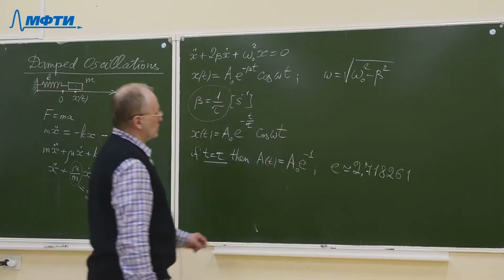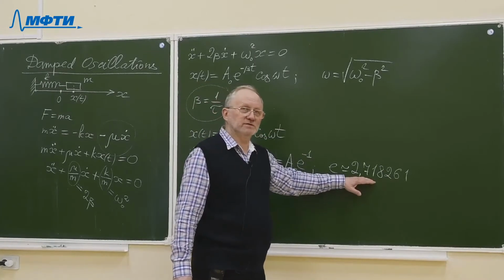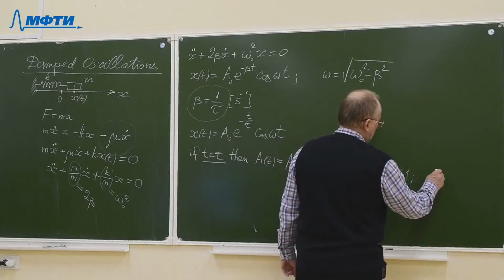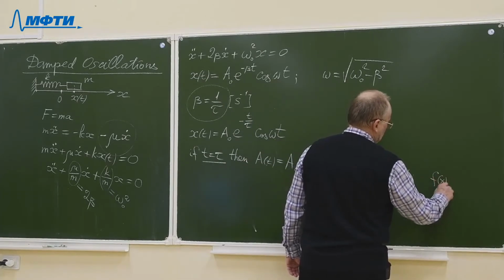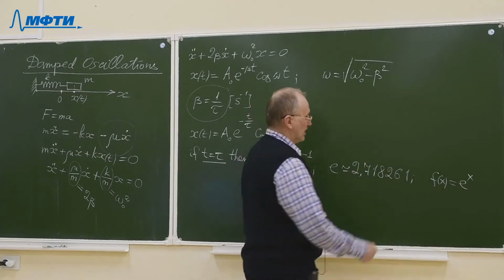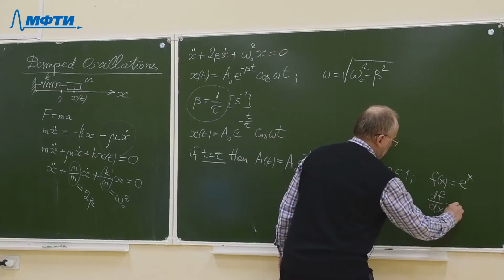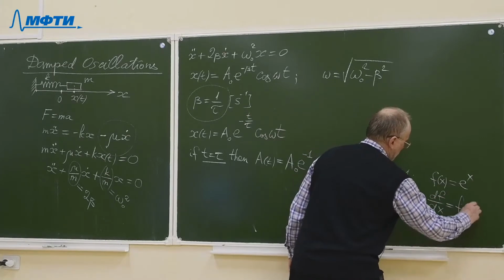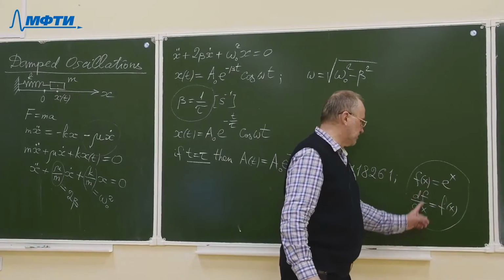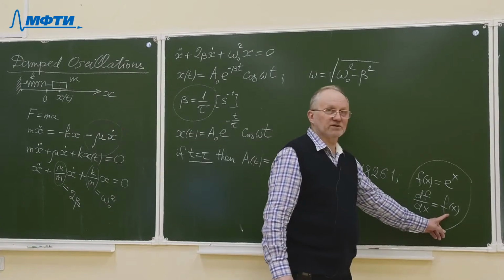E is a very special constant. Why is this constant important in mathematics? I told you already that if you consider function f of x equal to exponent to the power of x, then df dx will be equal f of x. That is the only function whose derivative coincides with the function itself.